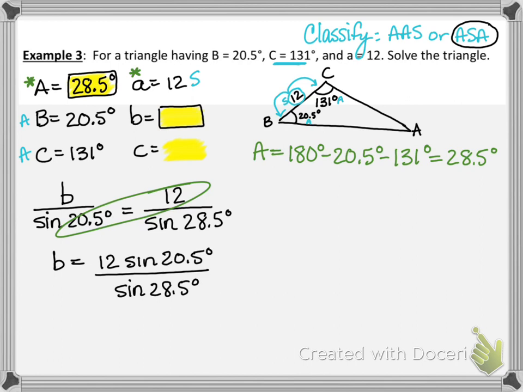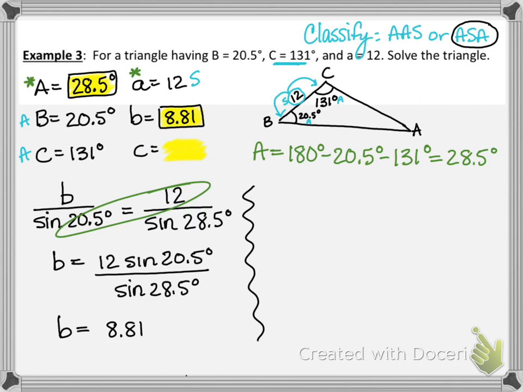And I'm going to type that into the calculator, so take a moment practicing. Go to your graphing calculator and type that out. And you should end up with the answer of 8.81. So I'm going to go back up here and put it in my chart. 8.81. So you're almost done.